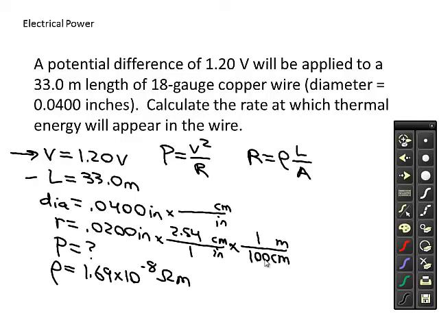Okay? And I think you know what to do from here. The area can be changed to pi r squared. Once we know the radius, we know the resistivity, we know the length, we've got resistance. Once we have resistance, we're home free.